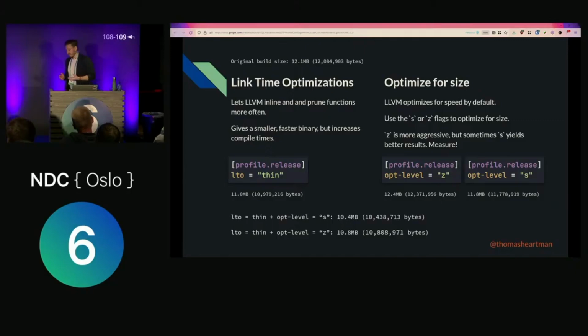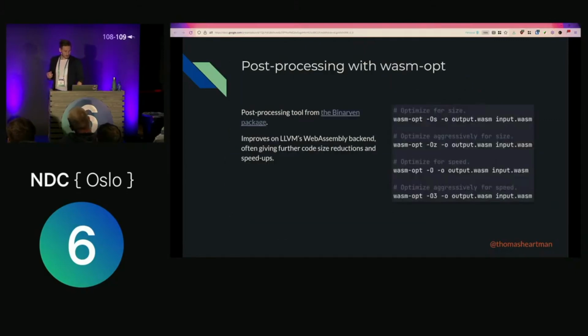So, luckily, there's more stuff we can do. Let's look at post-processing. There's a tool called wasm-opt, which is a post-processing tool from a package called Binaryen, or Binarian. Don't know how you pronounce that. Anyway, Binaryen is a compiler and toolchain infrastructure library for WebAssembly and is written in C++.